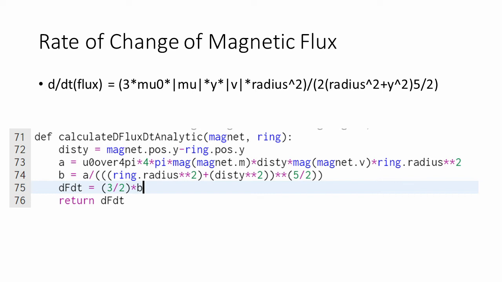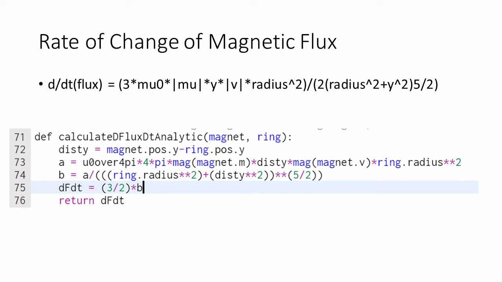Next, we have to find the rate of change of magnetic flux. So here we use this derived formula, where mu is the value that we had previously gotten from the third lab, y is the vertical distance between the magnet and an arbitrary loop in the tinfoil, and v is the velocity of the magnet, which depends on the total net force that is exerted on the magnet, which we will find later on.